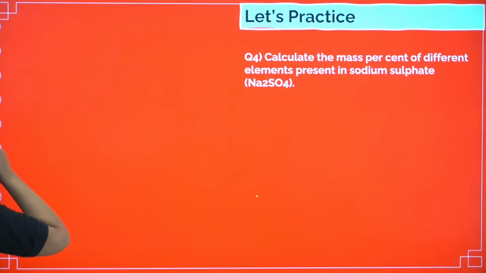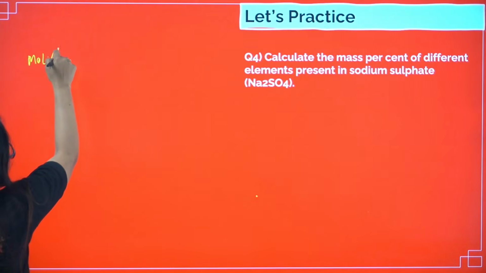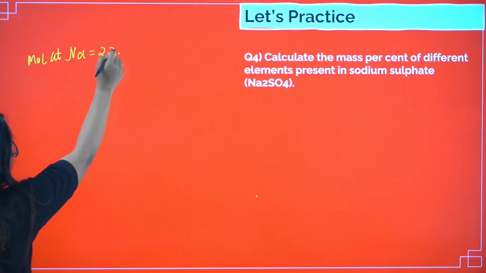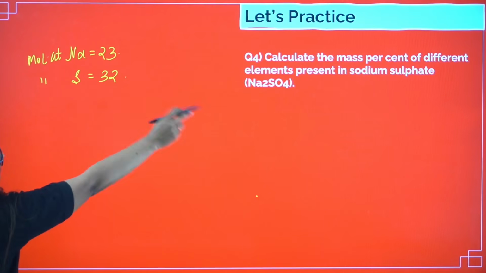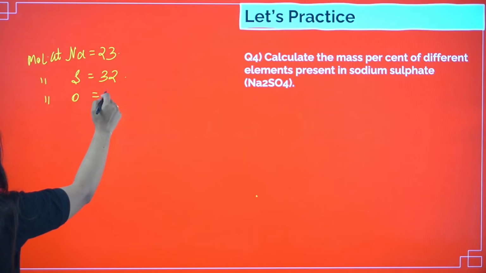So basically, molecular weight of sodium is 23 almost. Molecular weight of sulfur is 32. Molecular weight of oxygen is basically how much? It is 16. Right?